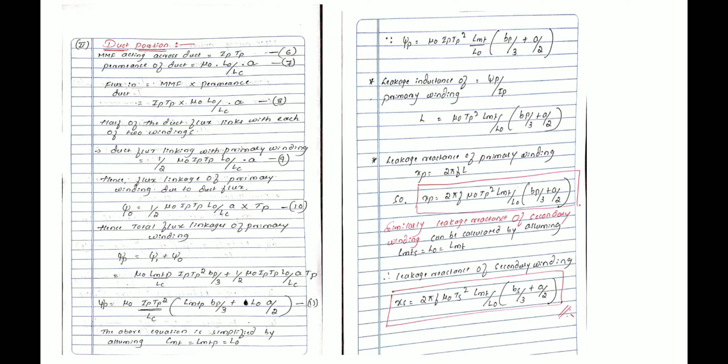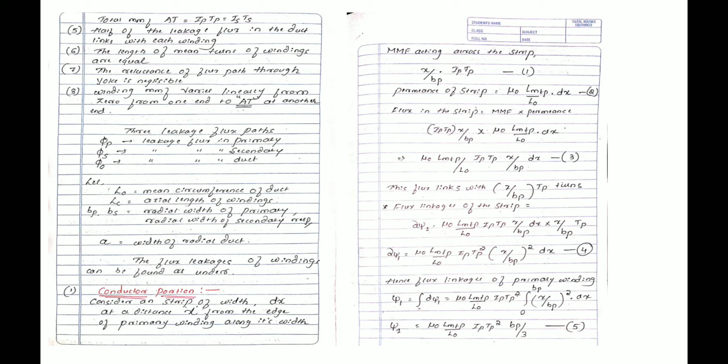After this, one of the most important assumptions we have made. Which assumption? The fifth assumption I mentioned: half of the leakage flux in the duct links with both the primary winding as well as the secondary winding. But in our derivation with respect to primary only, half of the leakage flux is linking with the primary side.